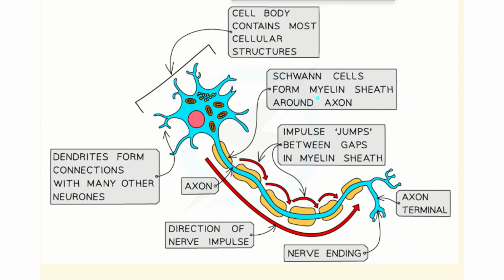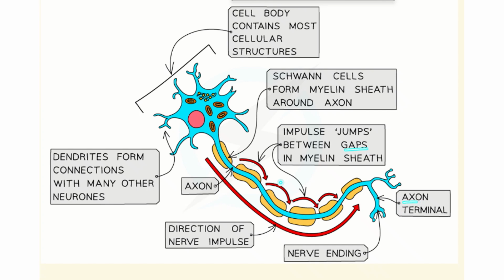We're happy with the myelin sheath, but do we know that they're made of Schwann cells? Schwann cells kind of wrap themselves around and round and round the axon like this to form the layer of myelin sheath. So the cells that make up the myelin are called Schwann cells. Okay. We've got the axon, we've got our nodes of Ranvier, which are the gaps, and we've got our axon terminal.